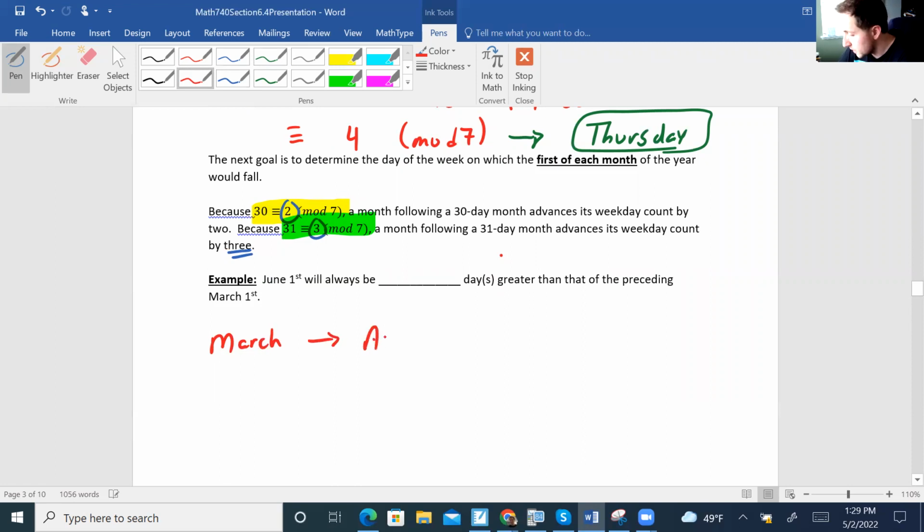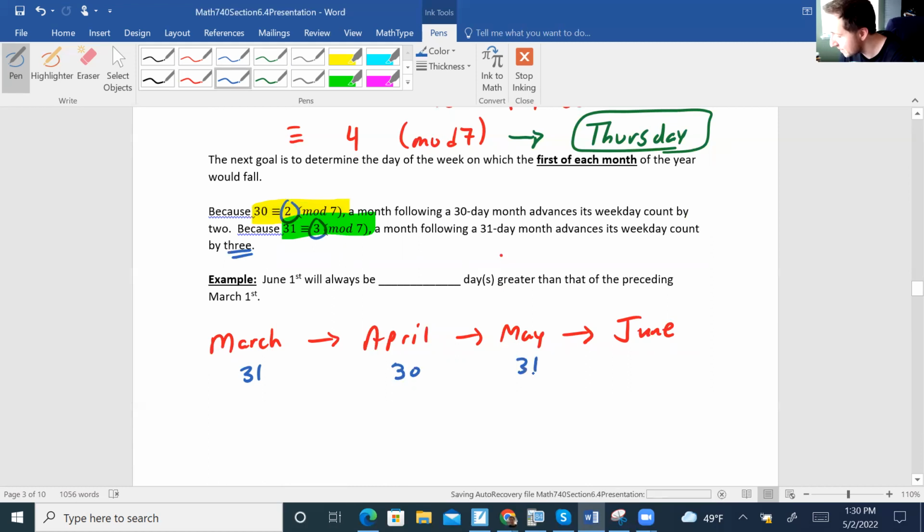March leads to April, leads to May, leads to June. You can use that little phrase, 30 days has September, if that helps. There's 31 days in March, 30 days in April, 31 days in May.